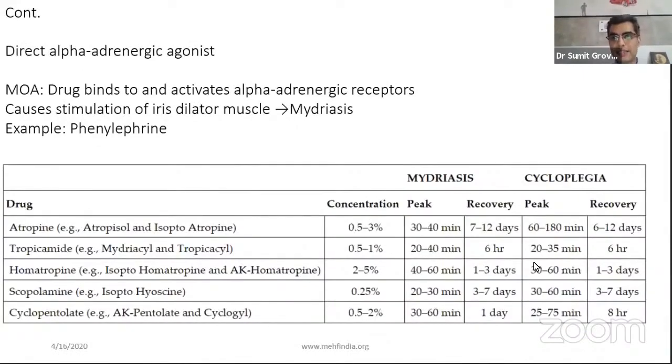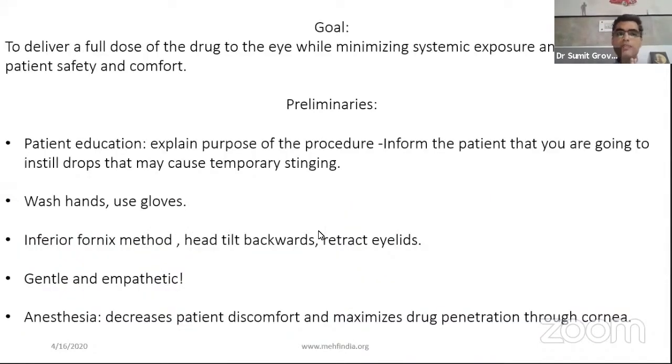And this is a very classical diagram which you'll find in many textbooks of ophthalmology and optometry, where you will find their concentration, peak time, recovery time, and washout time. For atropine, it's the longest. For tropicamide, it's the shortest. And for cyclopentolate, it's in between, and that makes it an ideal drug for the cycloplegic effect. Now, what are the goals of our treatment?